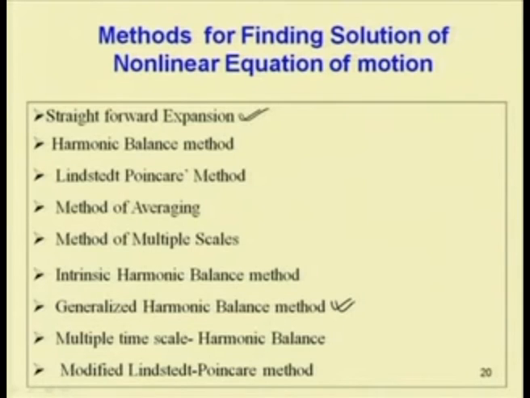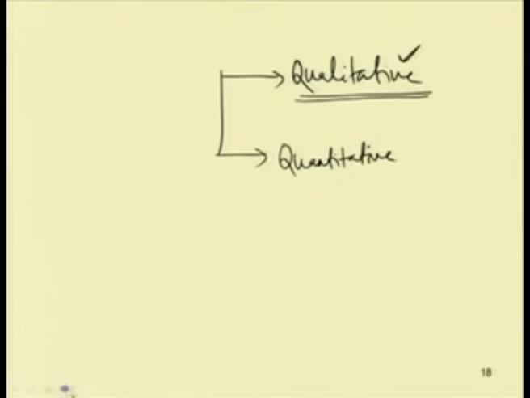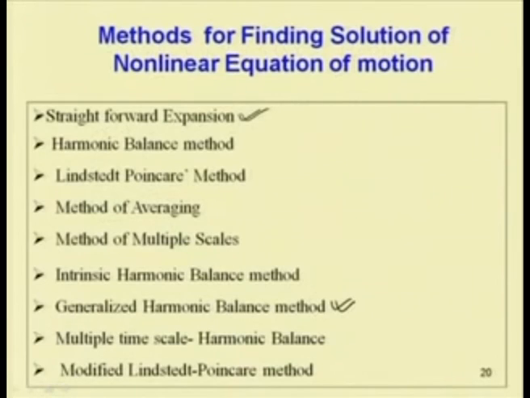Or one can write x equal to epsilon x 1 plus epsilon square x 2 plus epsilon cube x 3 like this, do the straightforward expansion, find x 1, x 2, x 3 and finally find x. That method is the straightforward expansion.